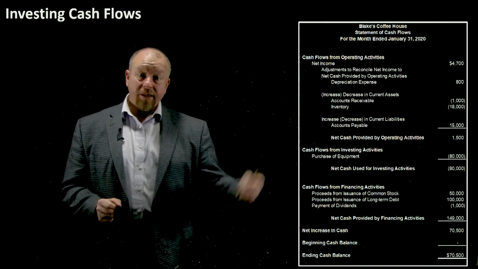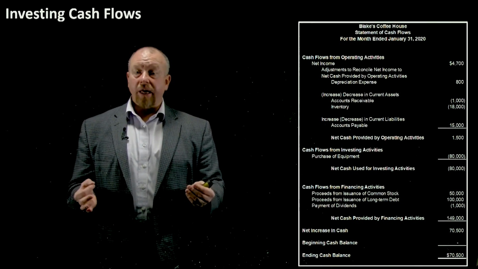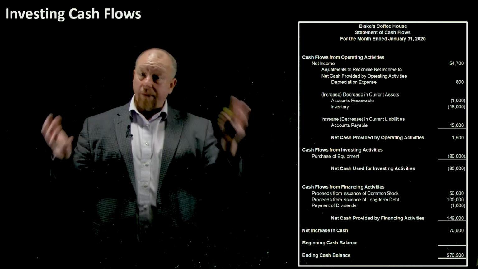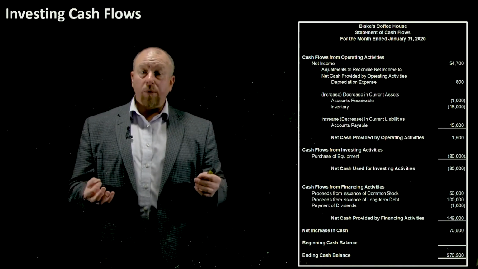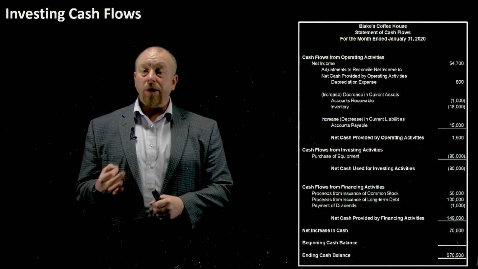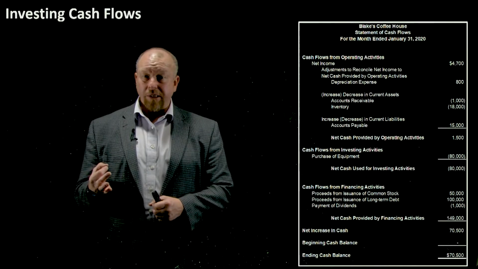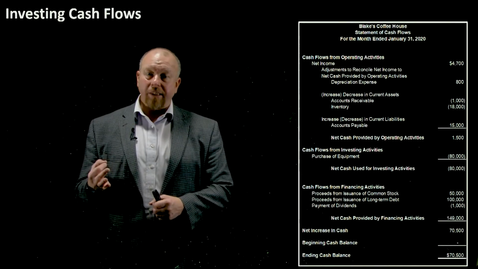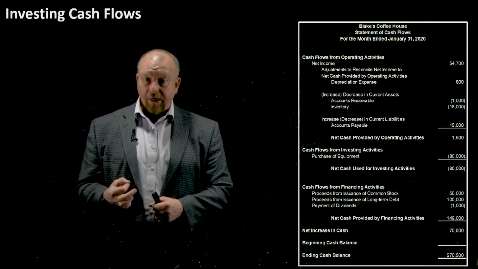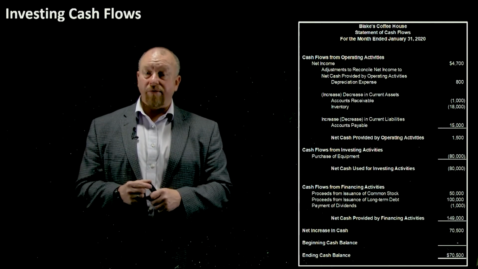We need it. The investing section, the financing section, we have to take a look at that in context with what's happening elsewhere in the company, what we're seeing elsewhere in the financial statements, with our overall understanding of the company's life cycle, its business strategies. We can't just say that positive is good or negative is bad. We have to take those amounts in context with other pieces of information.